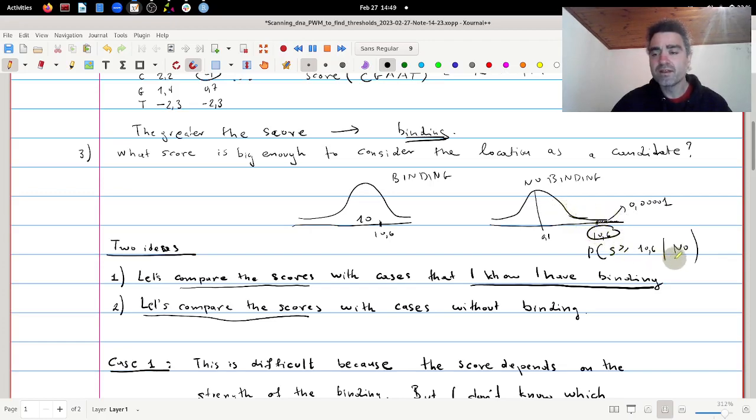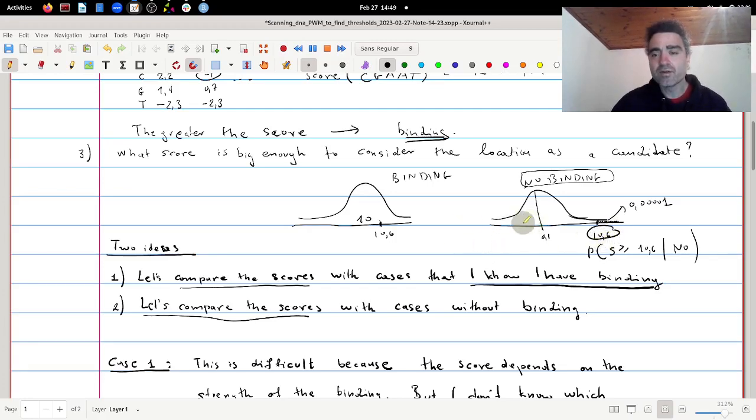If this probability is very small, then we will say that this model of no binding, this hypothesis that we have, is not really able to produce such high values or even higher than what we have observed.